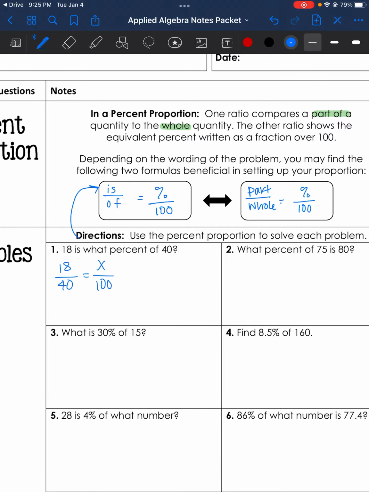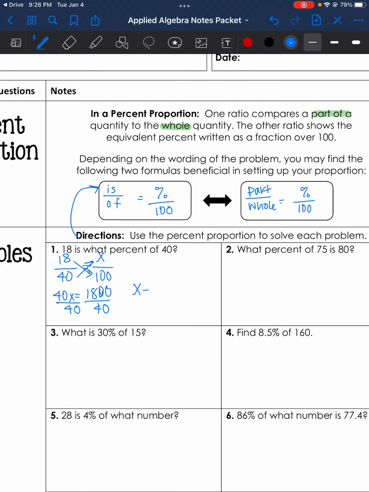And here, just like anywhere else with proportions, we're going to solve this for x. So we're going to cross multiply. 40 times x is 40x, and that's equal to 18 times 100, which is 1800. To get x by itself, we're going to divide both sides by 40.